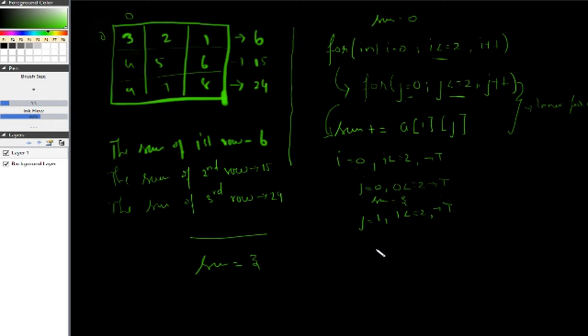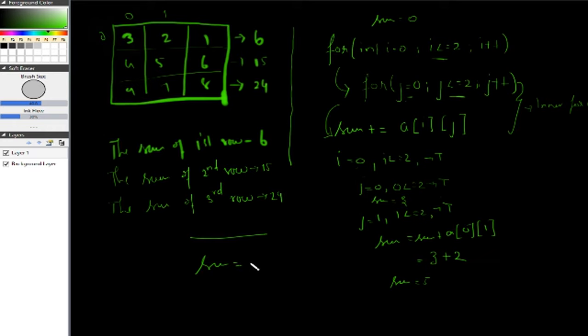Now it does the same operation. Sum is equal to sum plus a of I as 0 and j as 1. Since the value of sum has already been changed, the value will be taken 3 plus a of 0 1, which is nothing but 2. So it takes 3 plus 2 and gives the value of sum is equal to 5. So the value of sum has changed to 5 now.